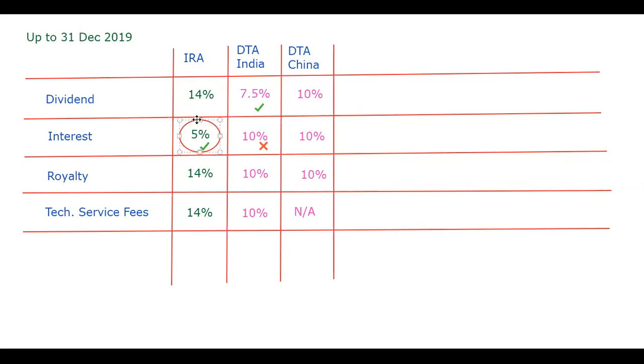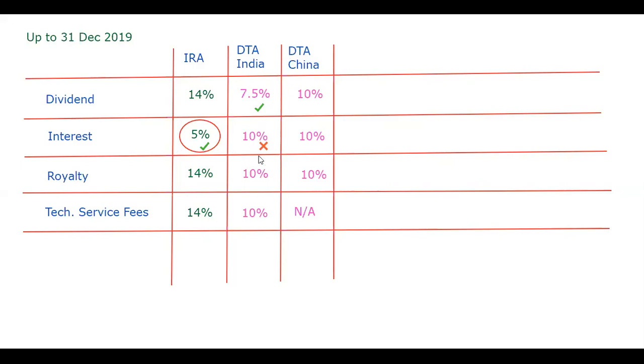If the DTA is more beneficial, we can go with the DTA. If the IRA says a lesser rate, we can anyway apply that. Then we can apply 5%, no worries.